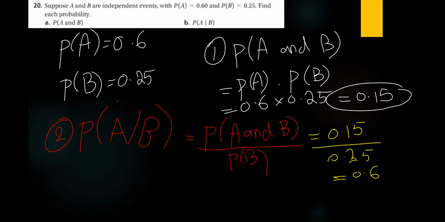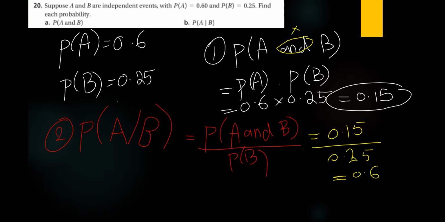Like 0.60 plus 0.25. Because sometimes we add them for "or", and it is multiply for "and". Only "or" is plus, right? Yes. Okay, thank you, teacher. You're welcome. Is it clear?